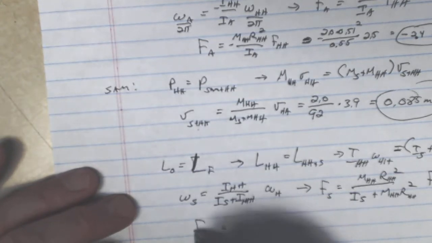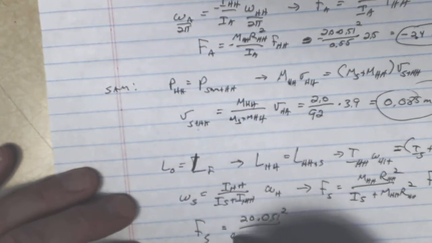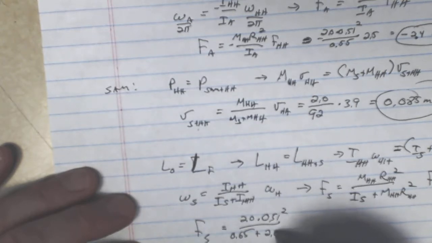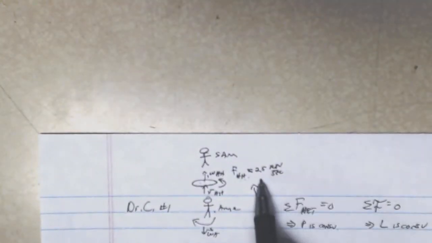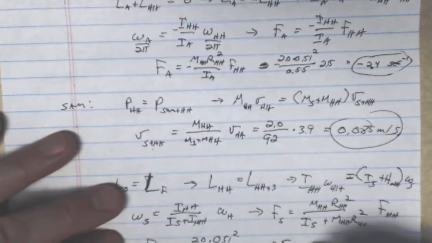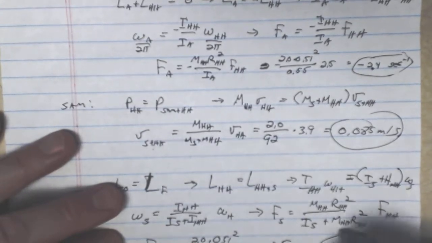So that's just frequency of Sam will be equal to 2.0 for the hula hoop's mass, 0.51 squared for its radius squared, divided by Sam's moment of inertia, which you're given, plus 2.0 times 0.51 squared, again for m h r h squared, times the rotational frequency, which we're given all the way up here is 2.5 revolutions per second, and the answer is 1.1 revolutions per second.